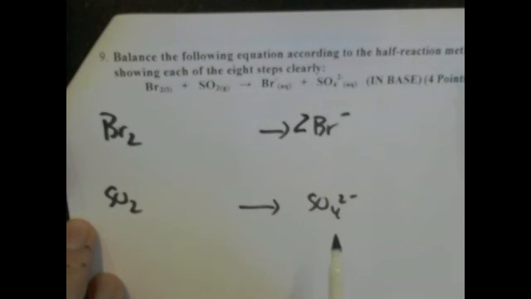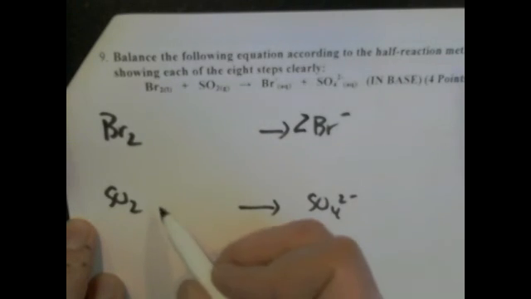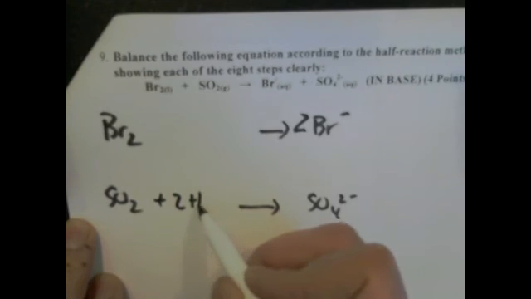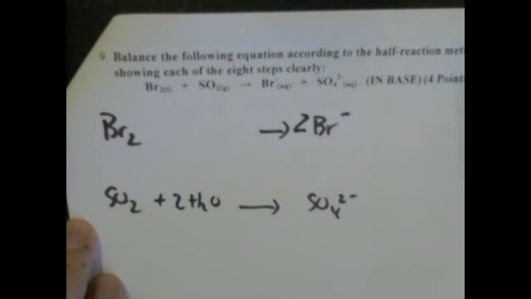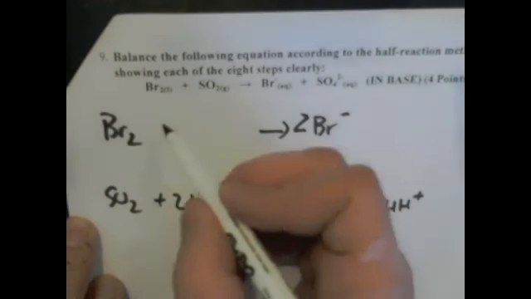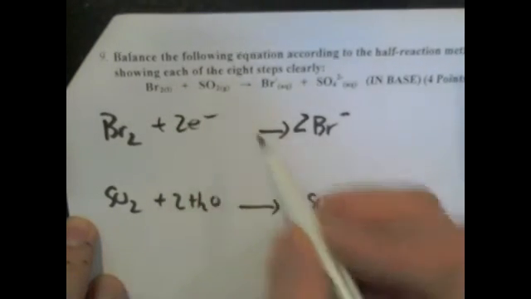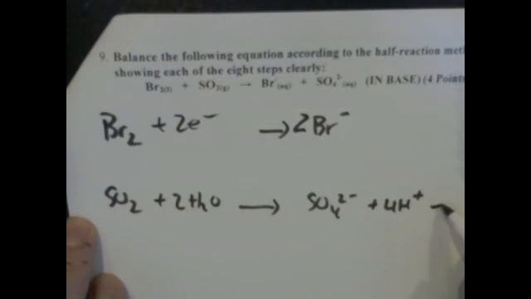And then I'm going to balance for oxygen by adding waters. So I'm going to add in 2 waters over here. And then I'm going to balance for hydrogen by adding H+. So I'm going to add 4 hydrogens over here. And then I'm going to balance for charge by adding electrons. So I'm going to put in 2 electrons there, and I'm going to put in 2 electrons there.